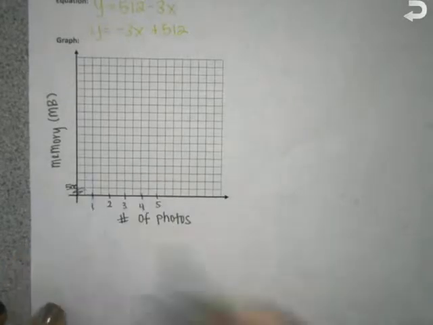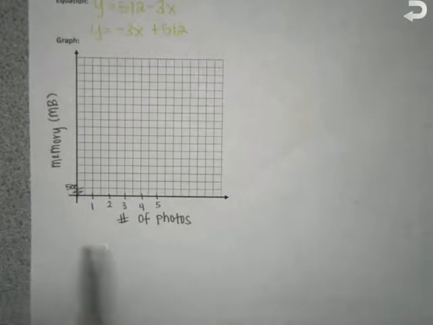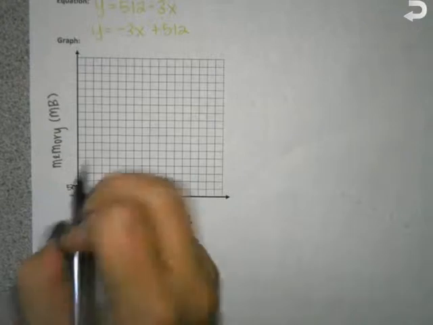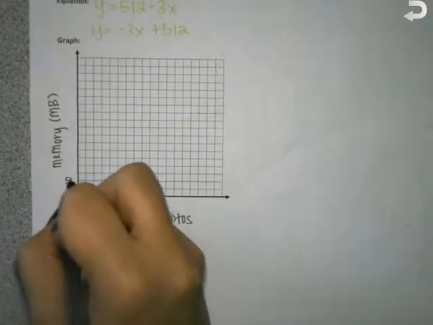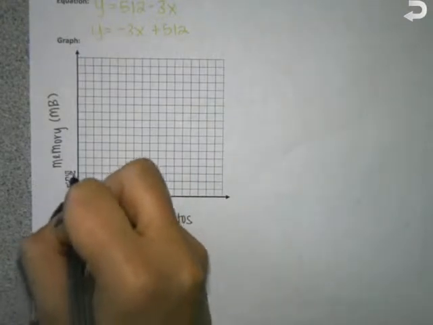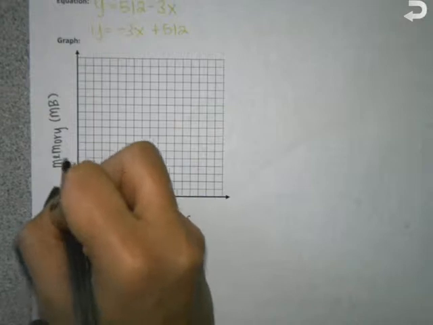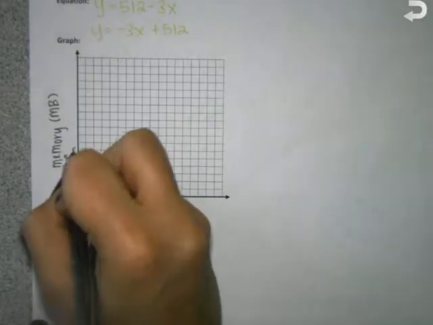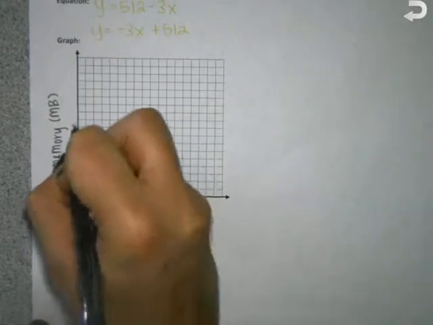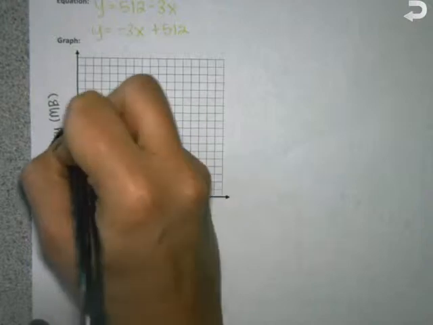So this little zigzag just means that we kind of fast forwarded from 0 to 499, and then we're going to start here at 500. And then I'm just going to count by 1. So 501, 502, 503, 504, 505, 506, 507, 508, 509, 510, 511, 512.